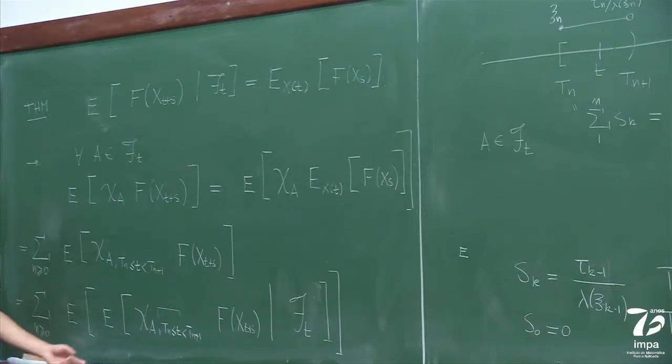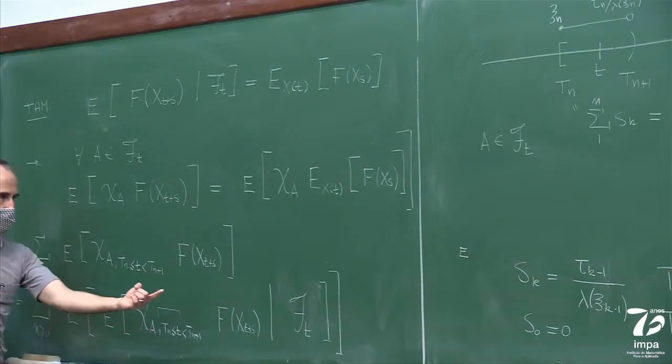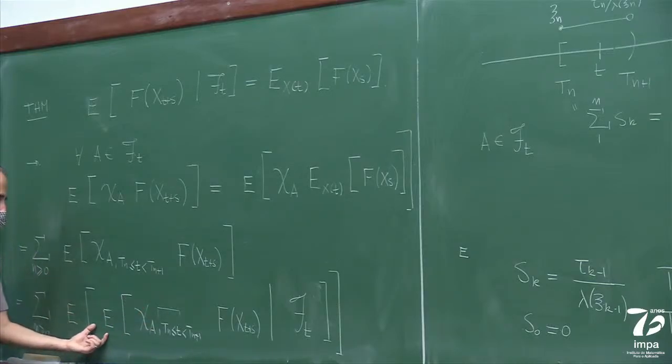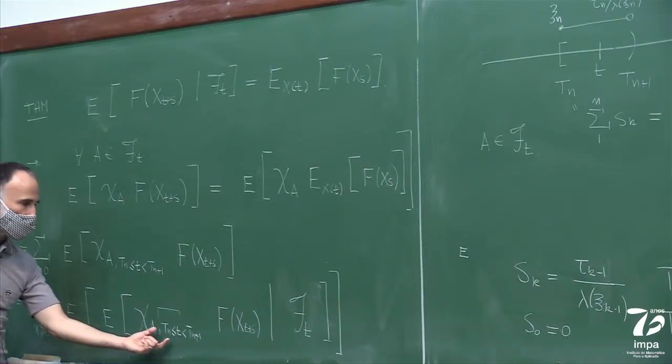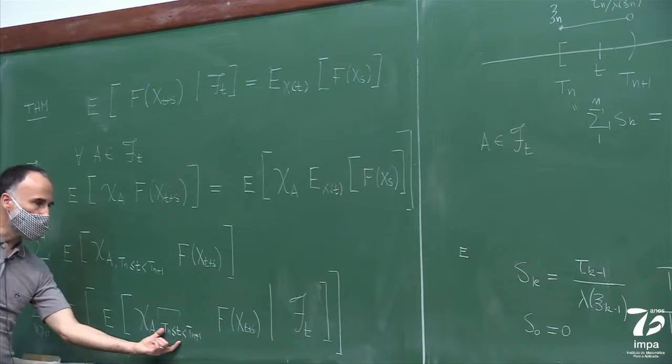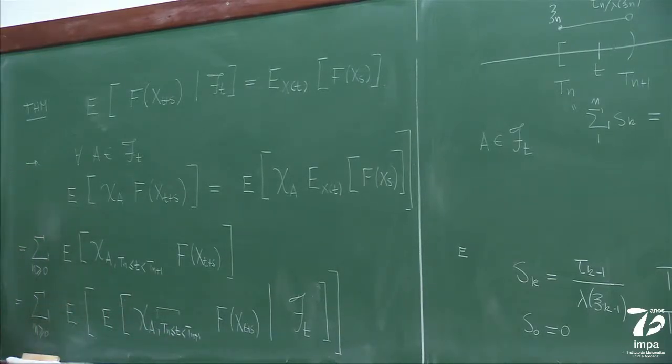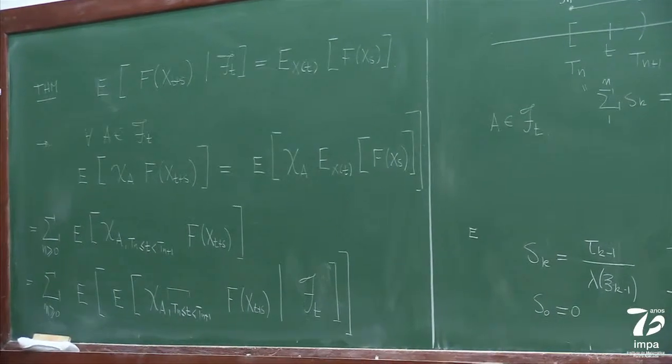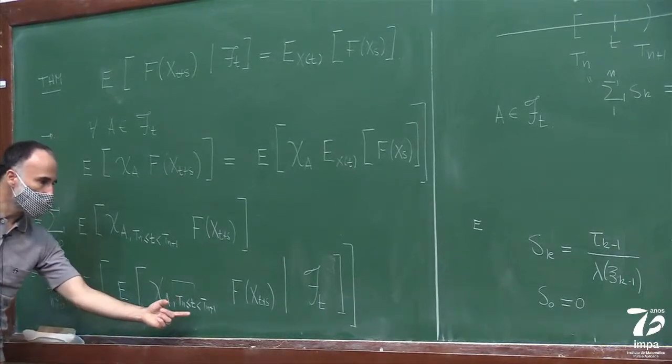And now, well, it's F_t measurable, so I can take it out from the conditional expectation. And Tn less or equal than t is also F_t measurable. So I can take out this first, but not the second.